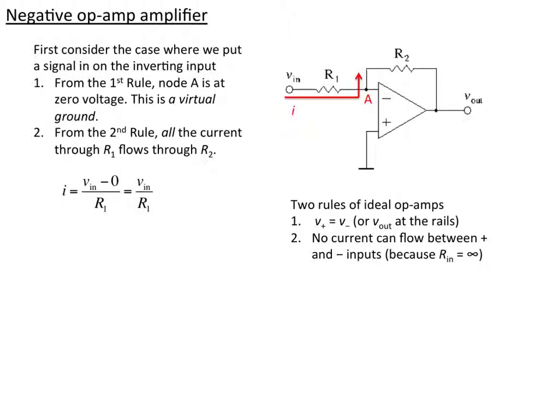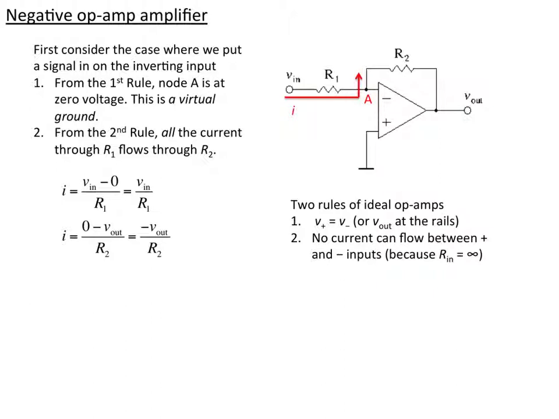So the current in R1 is just V in minus VA, which is 0. So V in minus 0 divided by R1. So that's the current flowing this way as the arrow shows it. Now that same current flows through R2, so we can calculate what the voltage out has to be.